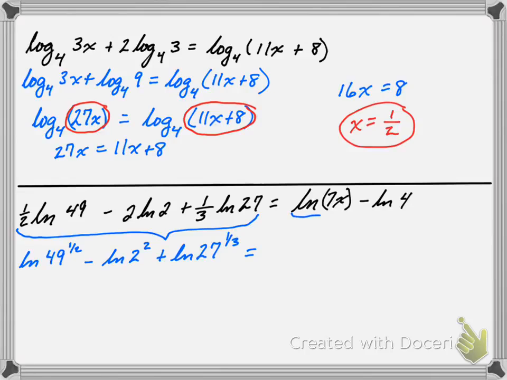And we can go ahead and condense these because there's no coefficient. There is subtraction in between, so this would be natural log of 7x over 4.